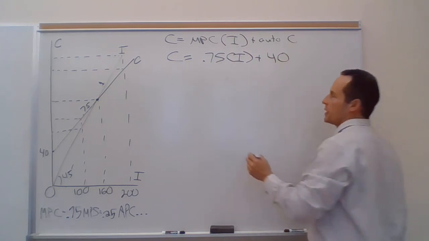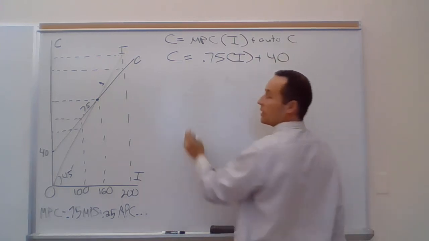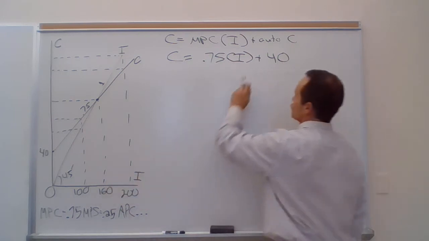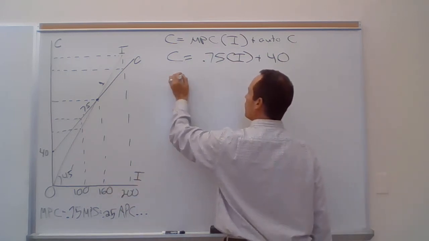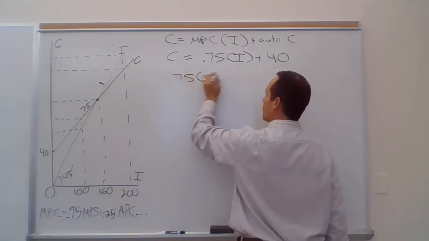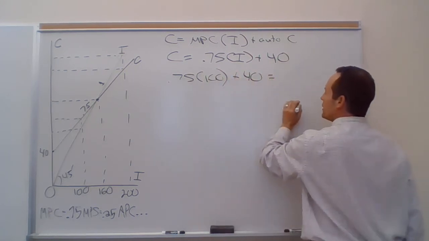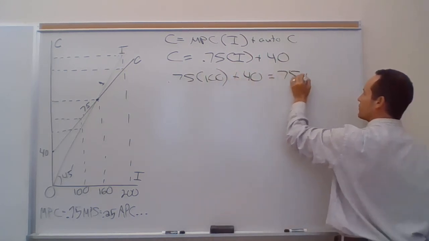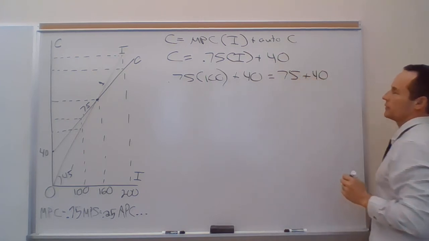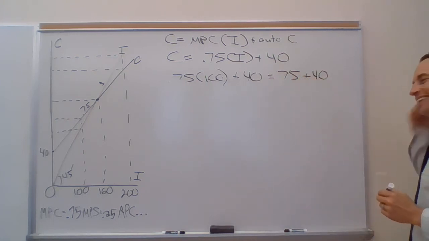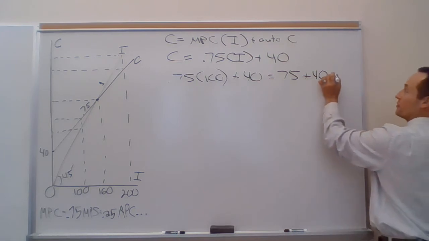So if income is 100, we plug it in: 0.75 of 100 plus 40 equals 75 plus 40, and that equals 115.